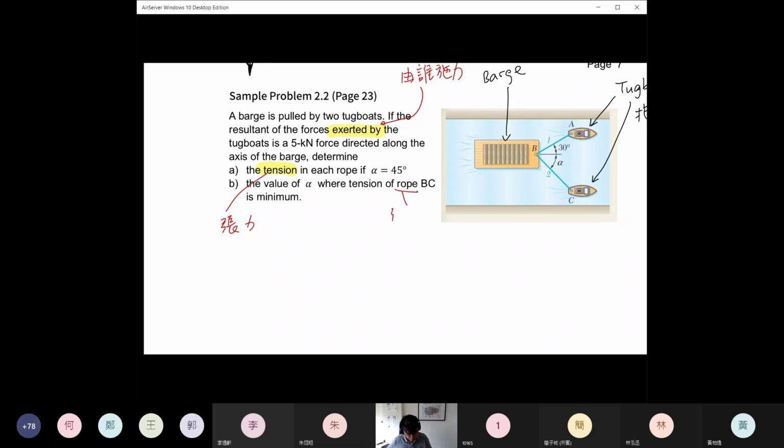Of course, this is rope. So, are you fine with the question? If you are fine, please raise your hand.